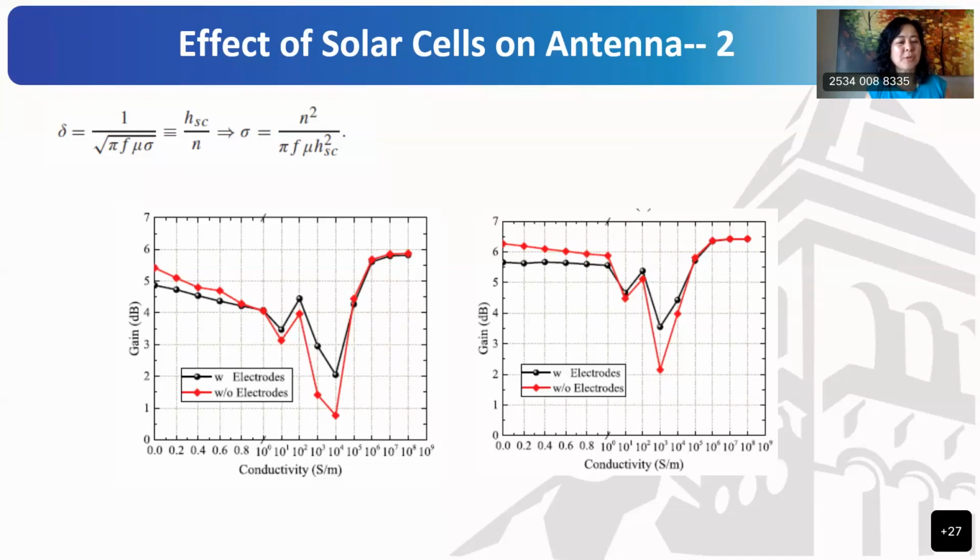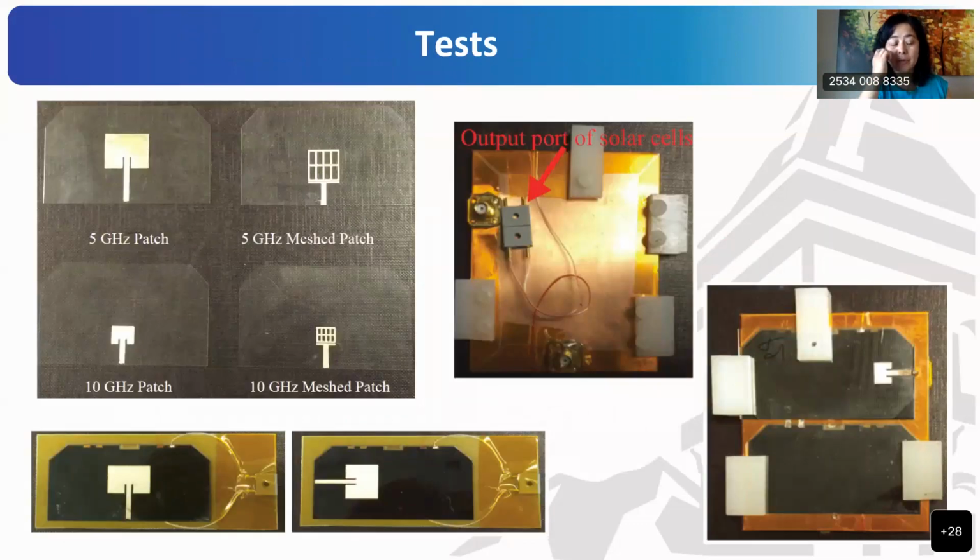That's when we experience the highest loss. And unfortunately, in reality, that's where the conductivity of the solar cells is, from the experimental results. So basically, we will be looking at a lot of loss.